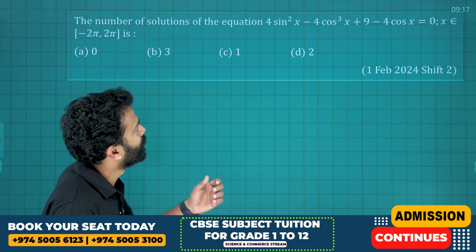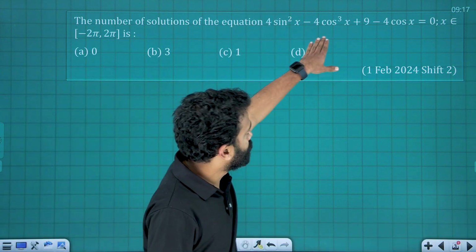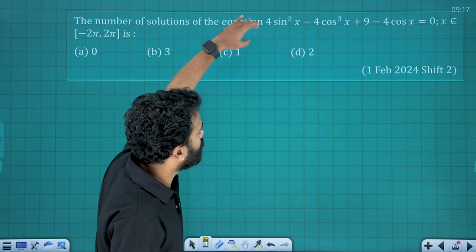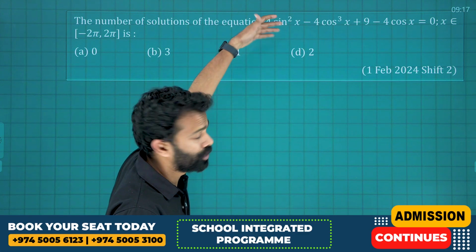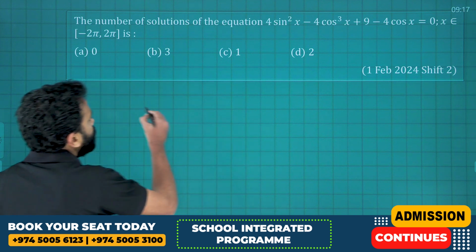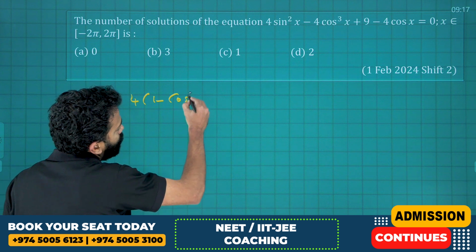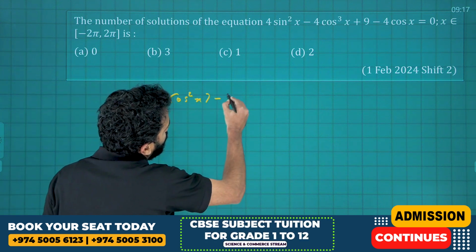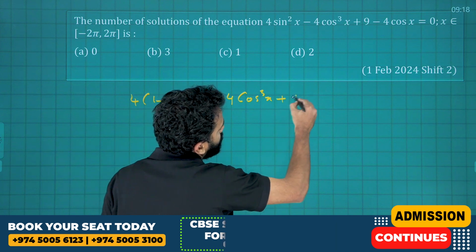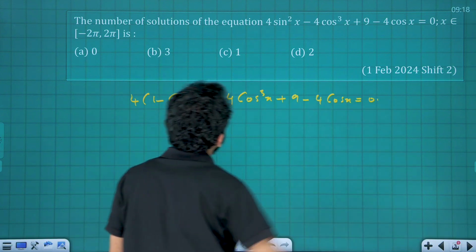Just observe. See, this is in terms of cos x, and this is in terms of cos x also. So let's convert this 4 sin square x in terms of cos x. So it will be 4 into 1 minus cos square x minus 4 into cos cube x plus 9 minus 4 cos x is equal to 0.